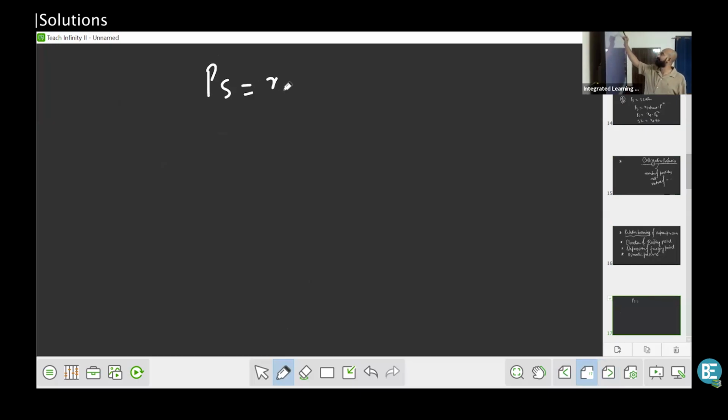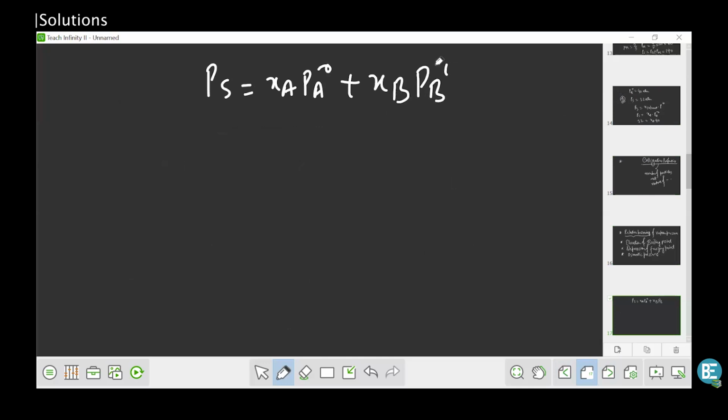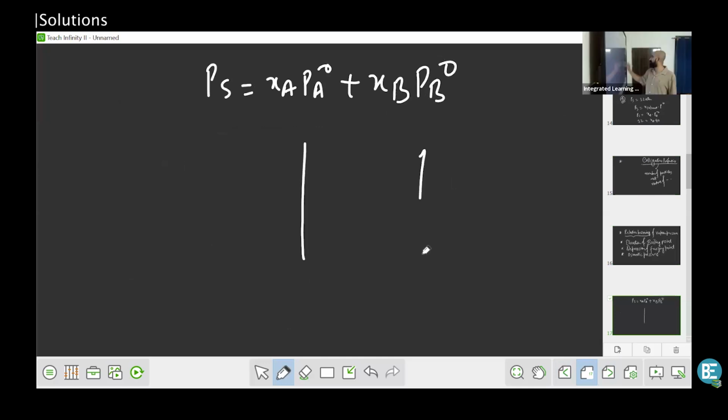This is Raoult's law, right? Now, if you draw the graph, this is taken as XA, this is taken as XB. The graph is like this.